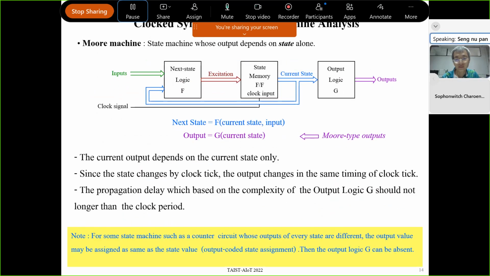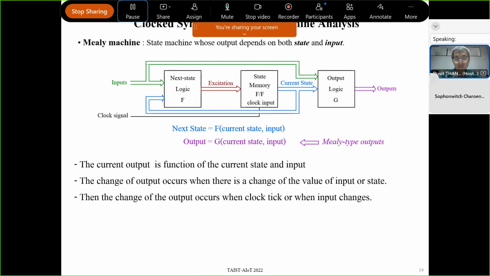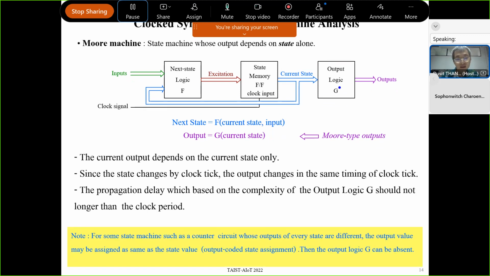Sorry. Okay. The difference between the Moore machine and the Mealy machine is the output logic G circuit. For the Moore machine, it receives input from the output of the flip-flop, or state variables Q1, Q2, for example.